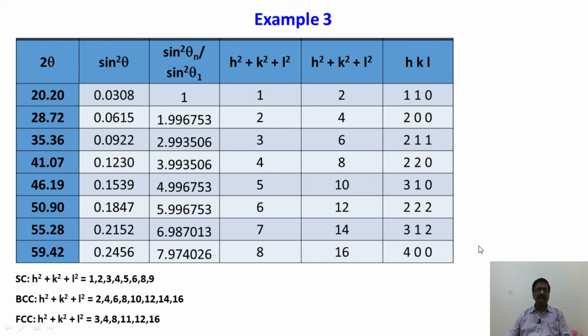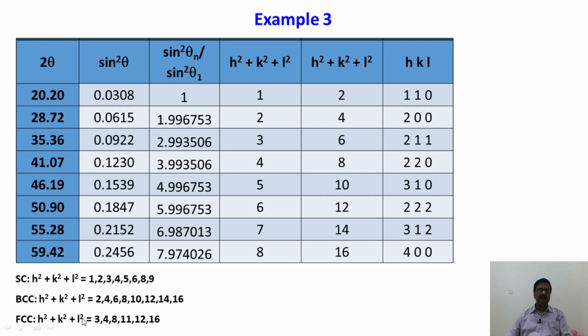So we see there are different types of sets of numbers for h square plus k square plus l square. So when this series of numbers like 2, 4, 6, 8, 10, 12, 14 and 16 appears, this represents a BCC system. If you look at the corresponding HKL values, this represents the systematic absence that is observed for a body-centered cubic system, and hence series of these numbers for h square plus k square plus l square represents a body-centered system.